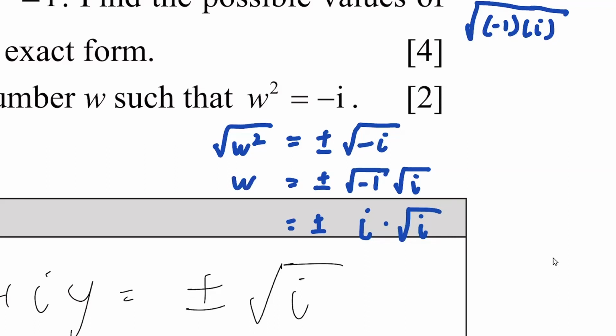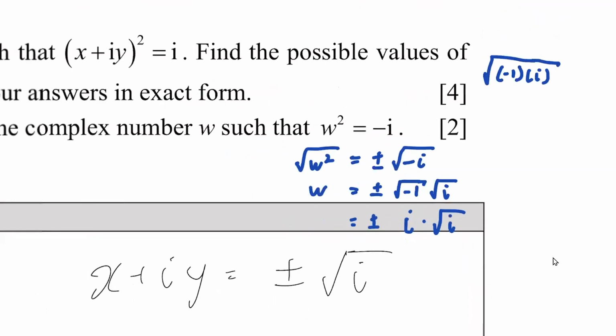Oh, done already, right? Plus minus i multiplied by whatever you get from your answer in part 1. Is that clear now? Yes. Okay, good. I should just leave it alone like that.